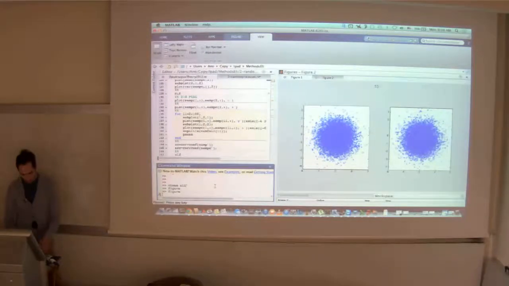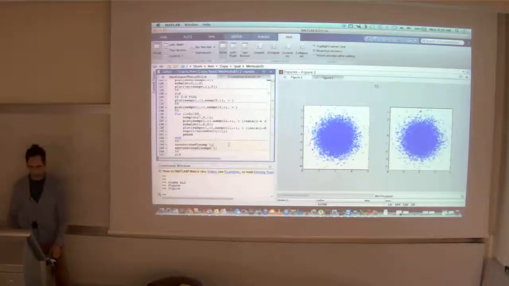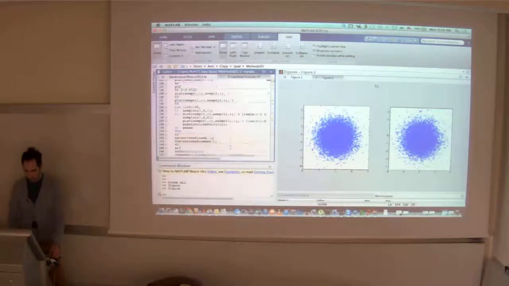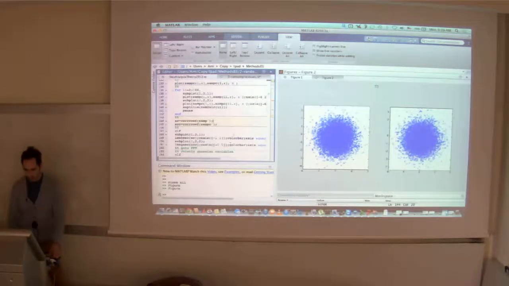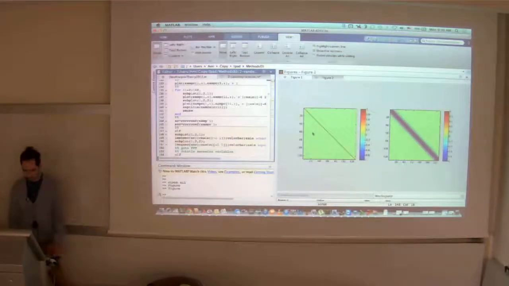And what we did yesterday was to look at the cross correlation or the autocorrelation. So here we're going to look at the cross correlation of these two signals. What I'm plotting now is the cross correlation coefficient matrix.